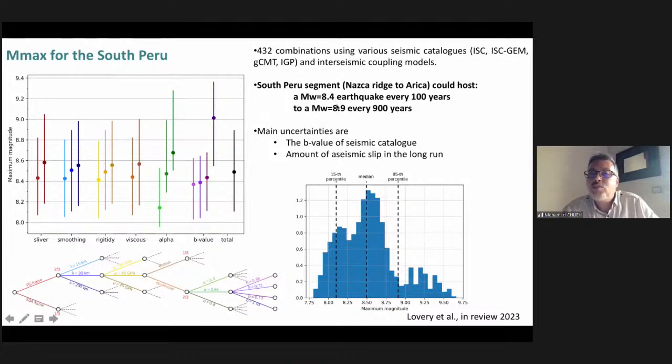So it's not very well constrained, but we still have this range. And the main uncertainties here are, of course, what I showed you earlier: the B value of the seismic catalog and the amount of seismic slip you take into account.